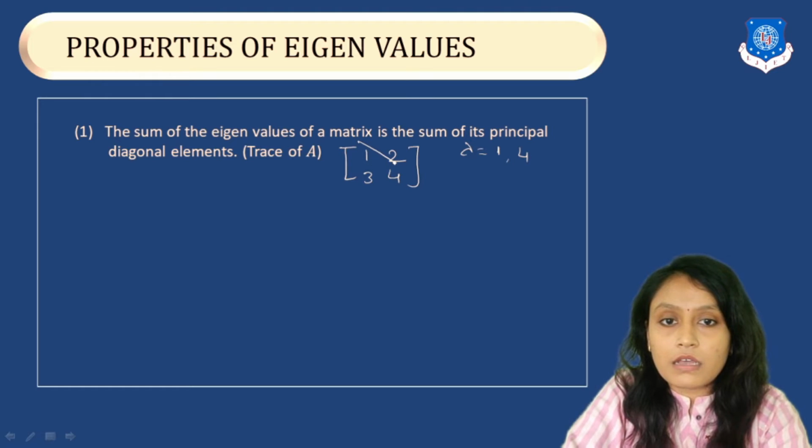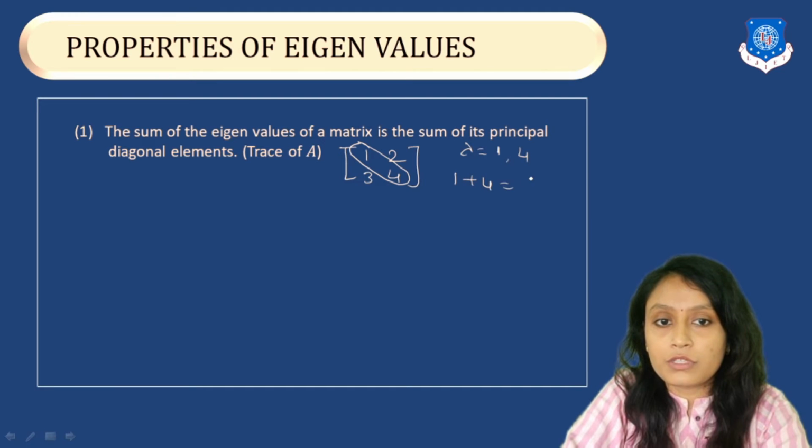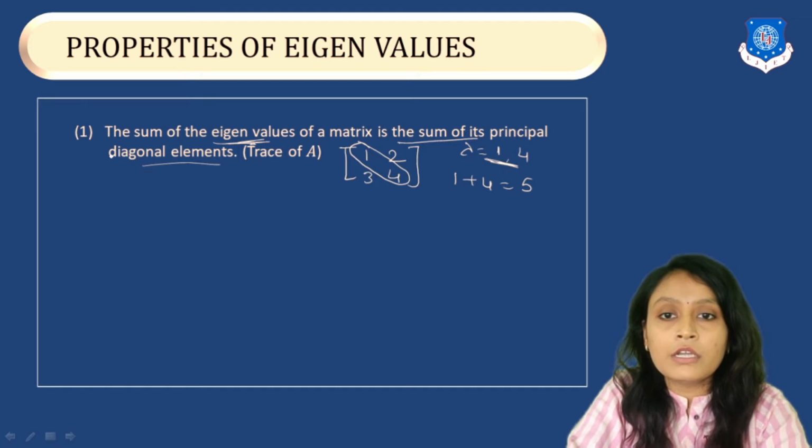This is our principal diagonal, so we add these elements, that is 1 plus 4, which is 5. This statement says that the sum of principal diagonal elements is equal to the sum of eigenvalues, and the sum of eigenvalues is also 5. This is just an example to show the property.